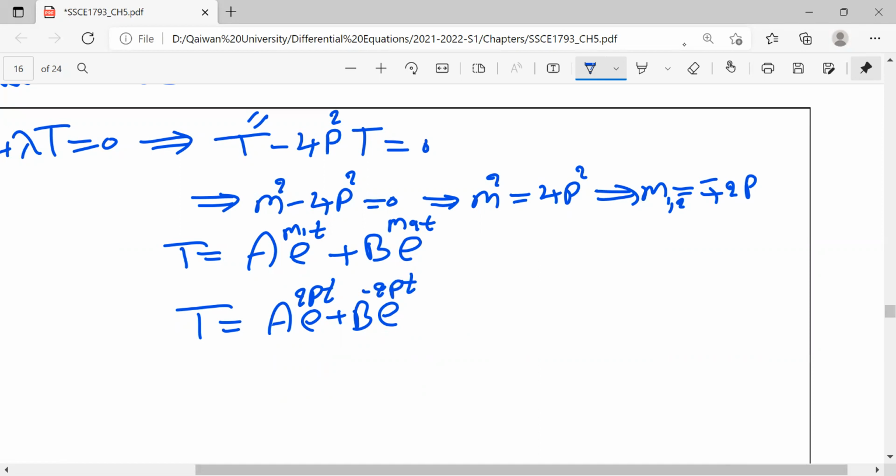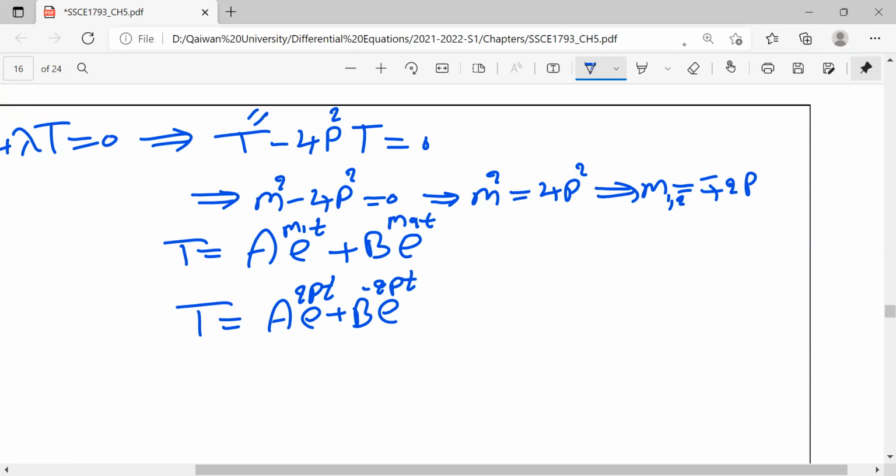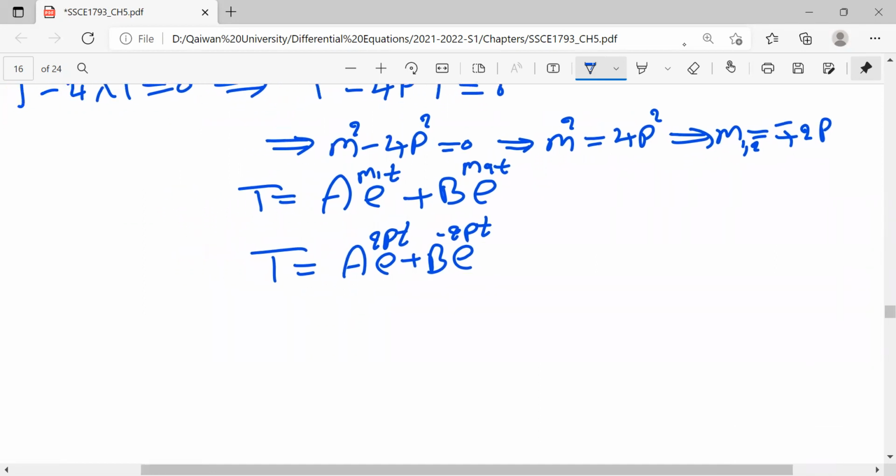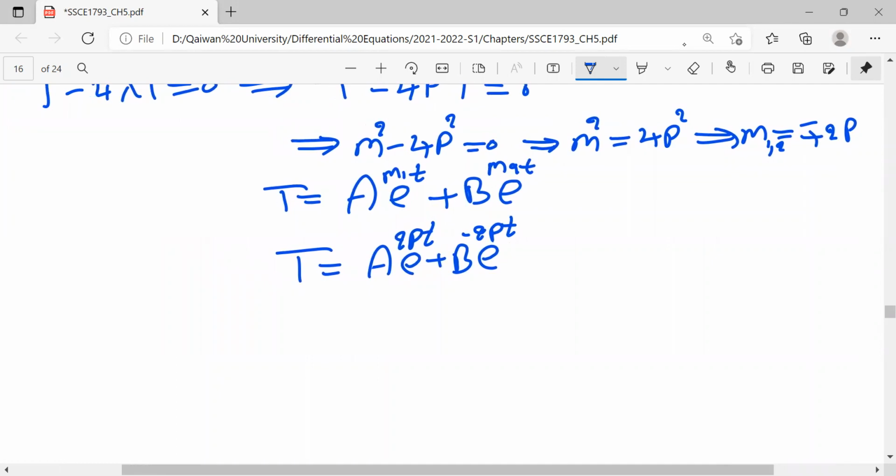And also in this case, if little t tends to infinity, let's see how about capital T. If little t tends to infinity, what do we get?